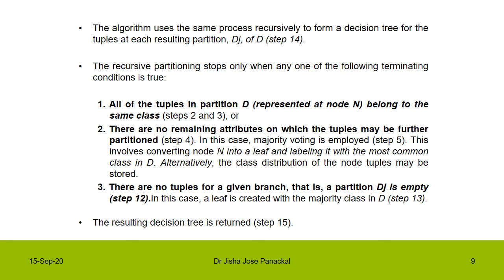For example, we don't have any tuples left; everything has been considered into separate groups or classes. Then there is no need of partitioning the tree again. So we can terminate. In this case, a leaf is created with the majority class in D. The resulting decision tree is returned. Then finally, we will produce a decision tree.